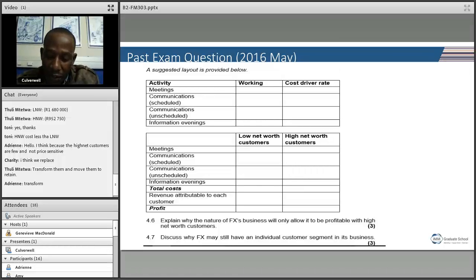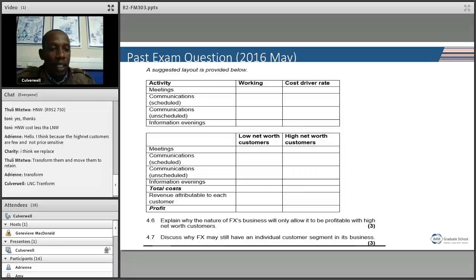FX generates revenue income by charging 0.05% on fund size at the end of the financial year. FX has two main customer segments. So I wouldn't mention replace, because if they have two main customer segments, it goes without saying they're actually targeting low net worth customers as well.